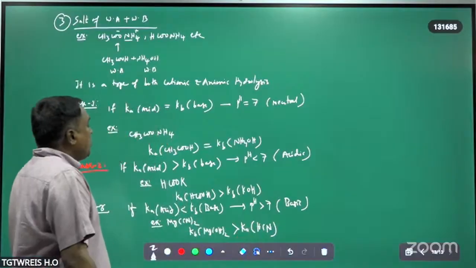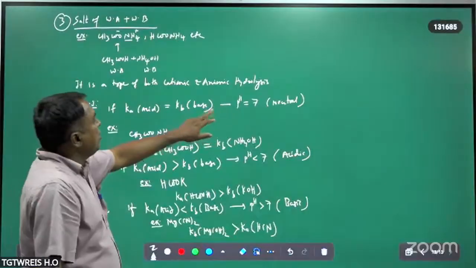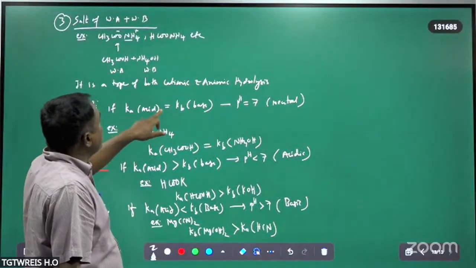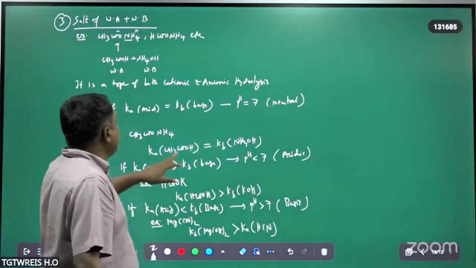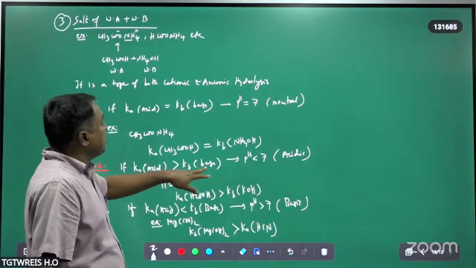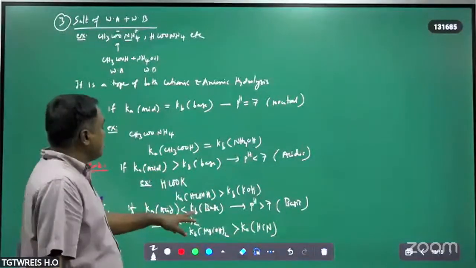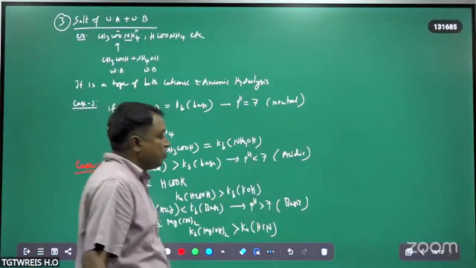So depending upon Ka and Kb, their nature will be determined. If Ka equals Kb, pH is exactly 7. If Ka is greater than Kb, pH is less than 7. If Ka is less than Kb, pH is greater than 7, that is basic in nature.